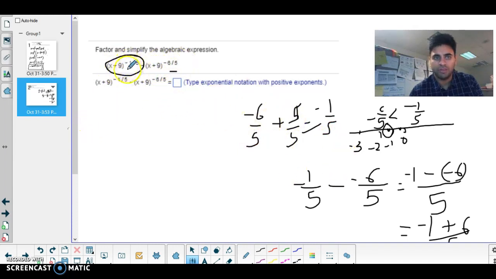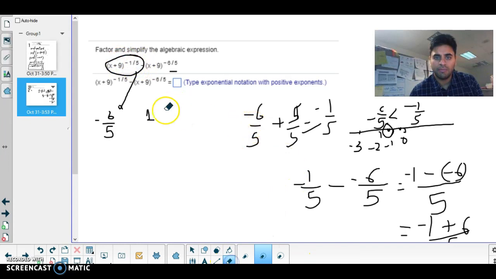So this one is the bigger quantity, this is the smaller quantity. The smaller quantity remains as it is. The bigger quantity, you split negative 1 by 5 into negative 6 by 5 and 1, because when they finally add, the answer will come to negative 1 by 5.